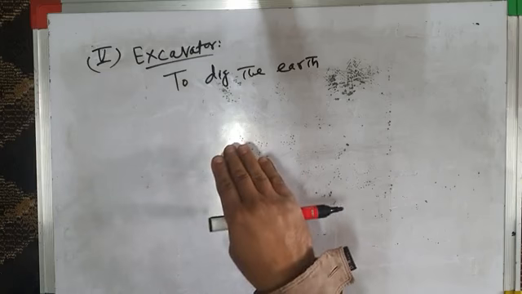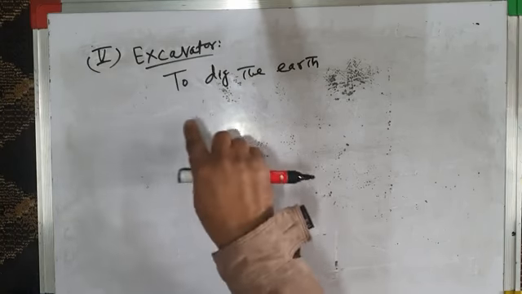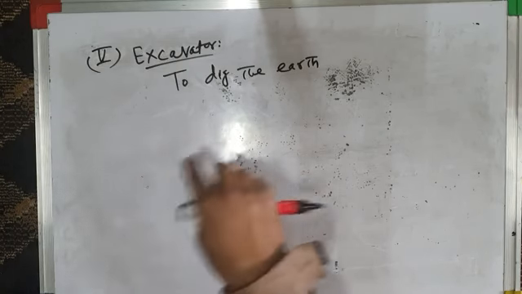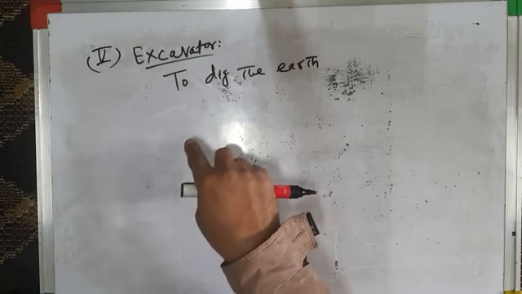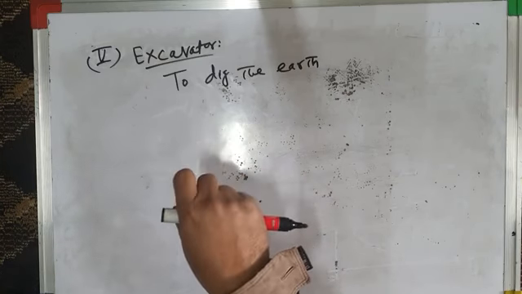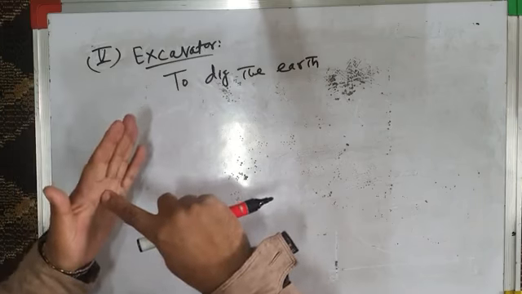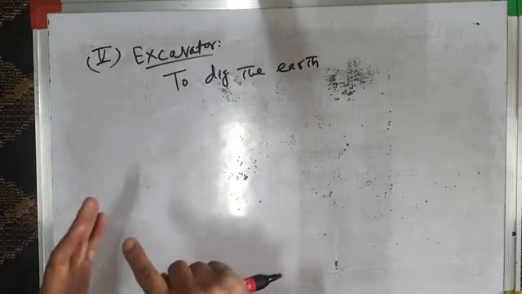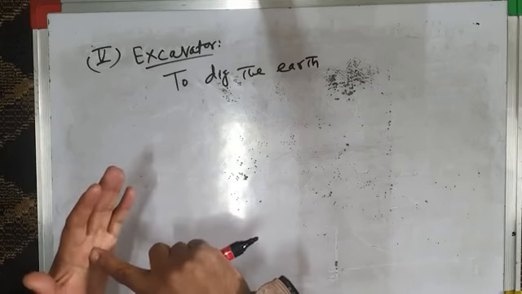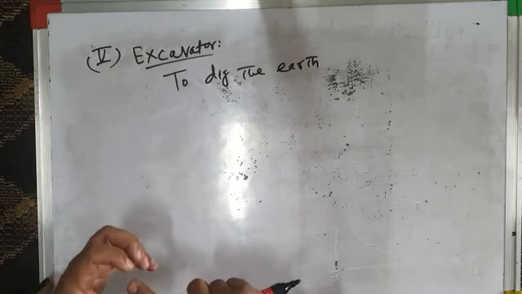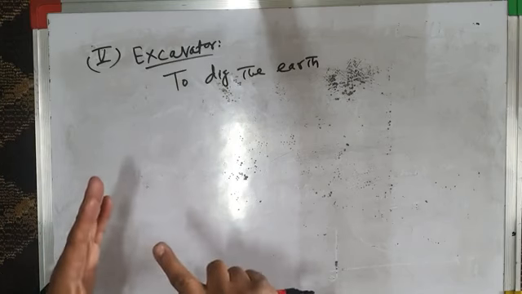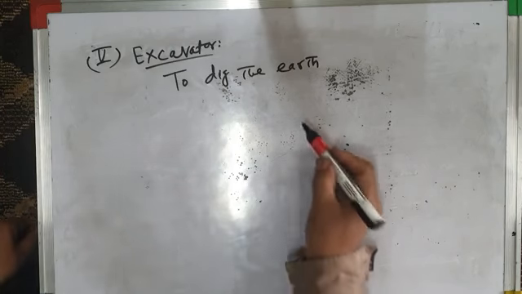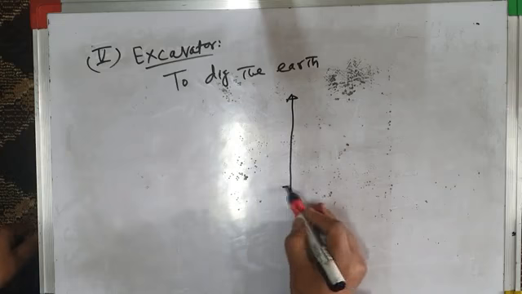It may happen that it strikes some stone inside the earth. If the torque developed by the excavator is large and it strikes the stone, the excavator may get damaged. So when it strikes the stone, the torque developed by the motor should automatically reduce, so that the excavator is not damaged. Therefore, it should have these types of torque speed characteristics.